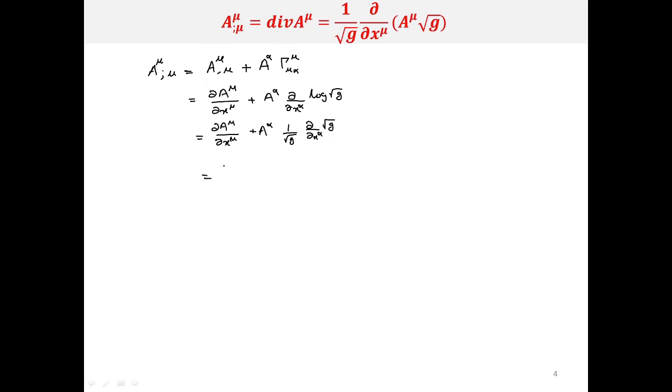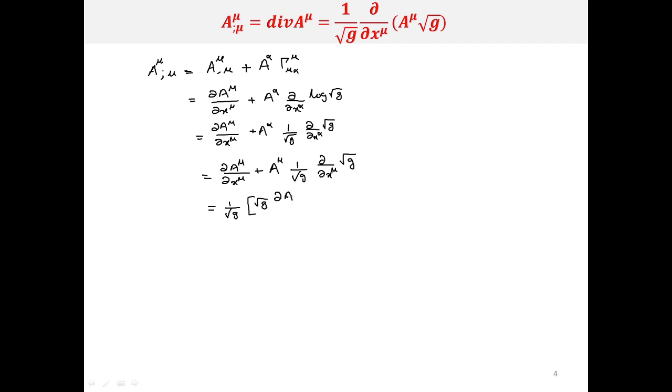Okay, can be written as ∂A^μ by ∂x^μ plus, here α is a dummy index. I can replace it with any other letter. Let me write it as A^μ 1 by root g ∂ by ∂x^μ into root g. Now I am taking 1 by root g common. Here there is no 1 by root g term, so you have to multiply it with root g.